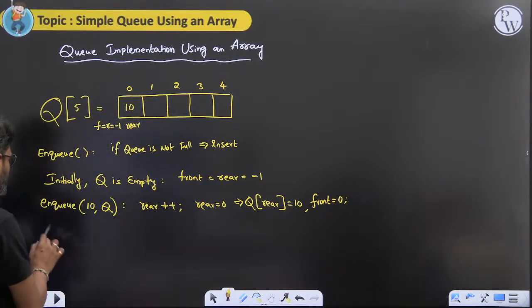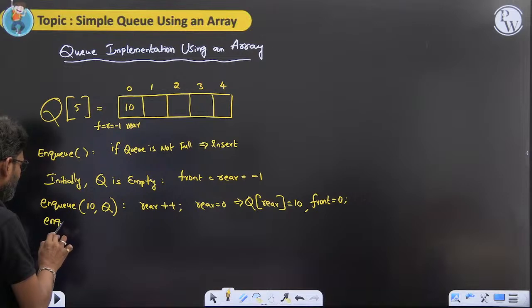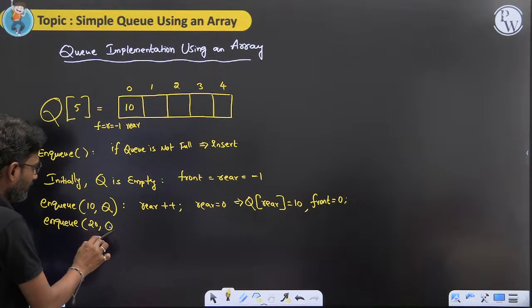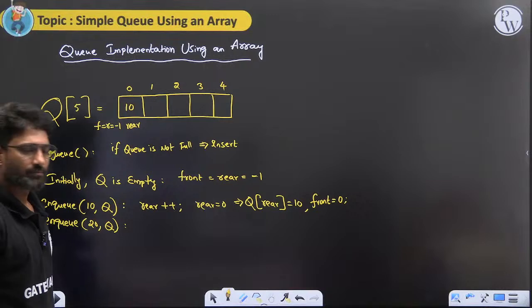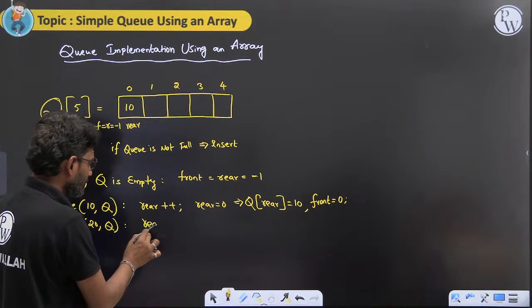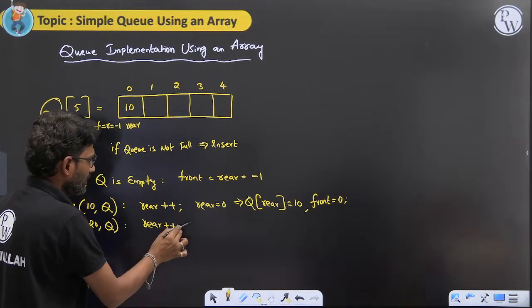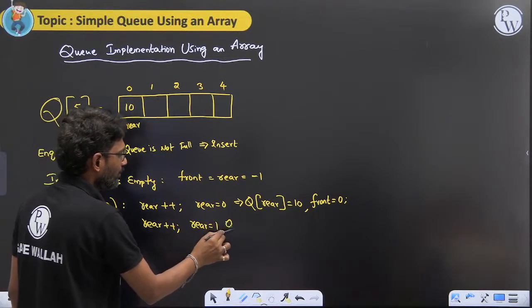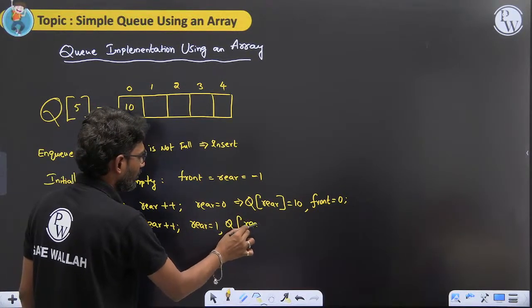Now, from the next insertion onwards, enqueue of 20: same operation, increment rear, that means rear becomes 1 and queue of rear is equal to 20.